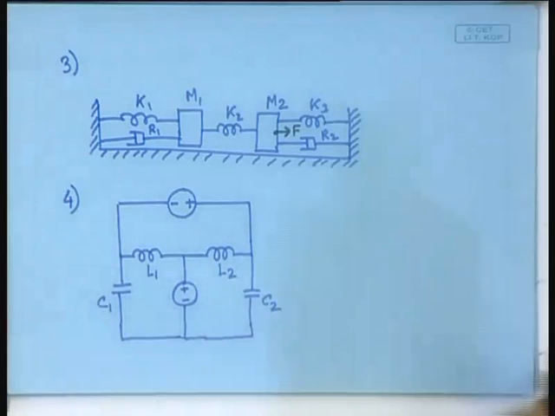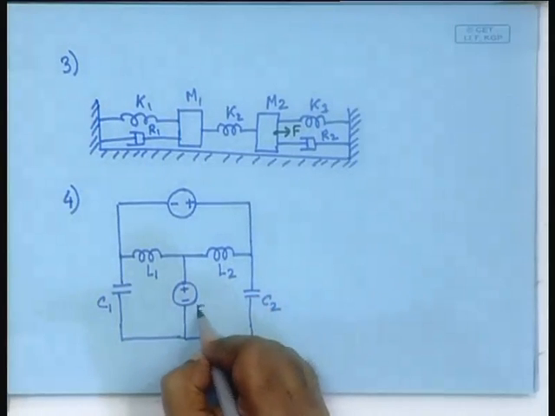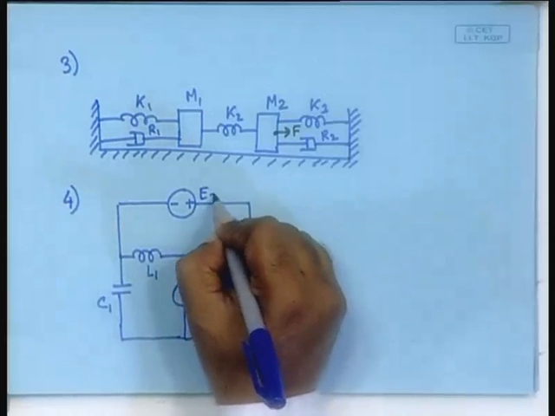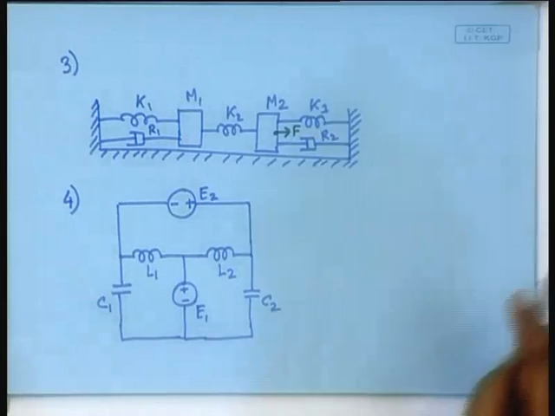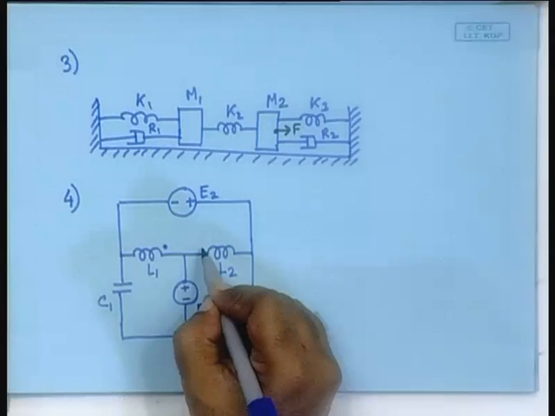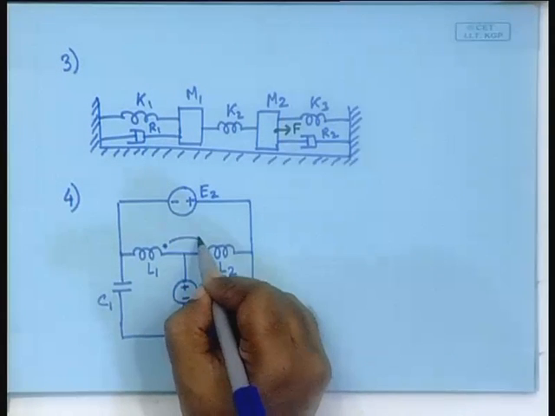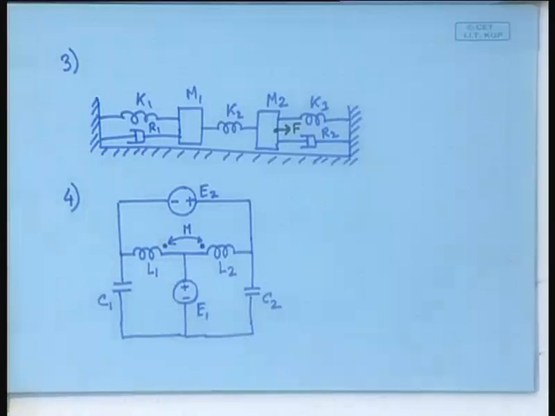Now, you can say E1 and E2. What will you define as the state variables? Okay, let us add some more complication. There is mutual inductance between these two, oriented like that with the dots. So, how will you define?